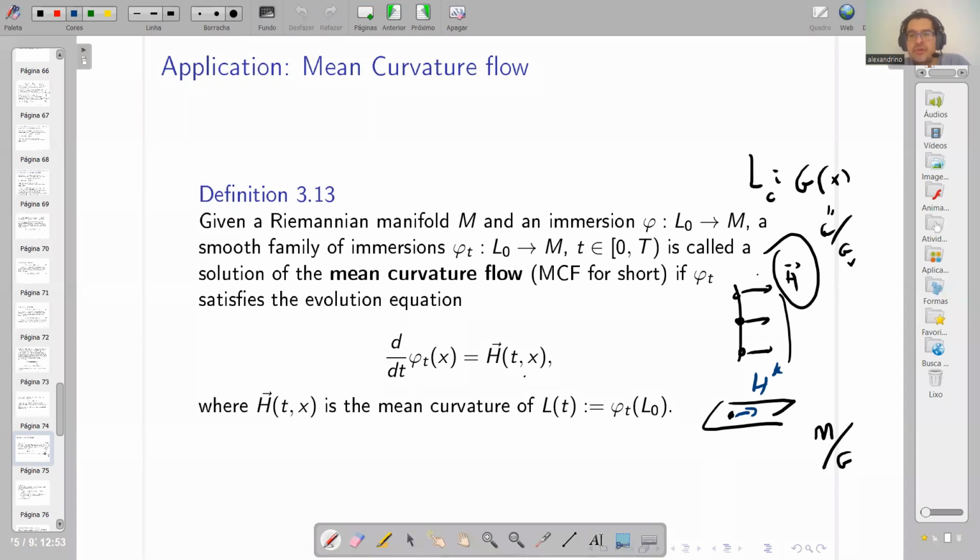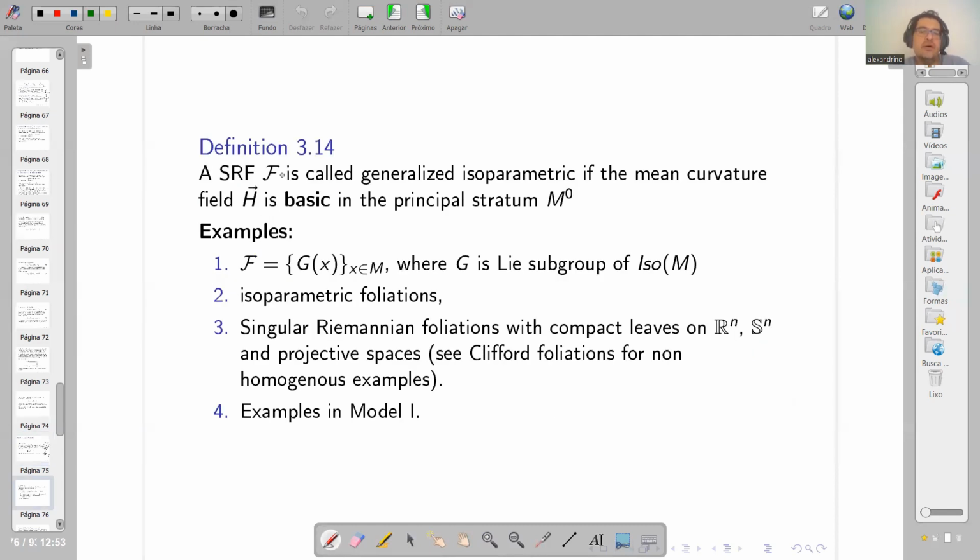You are interested in understanding the mean curvature flow of actions and generalizations of actions. Since, for example, in actions, the mean curvature vector field is basic, is G-invariant. When you are traveling along the mean curvature flow, you go from one leaf to the other, and this means you can project the situation here. So we want to try to generalize this kind of thing.